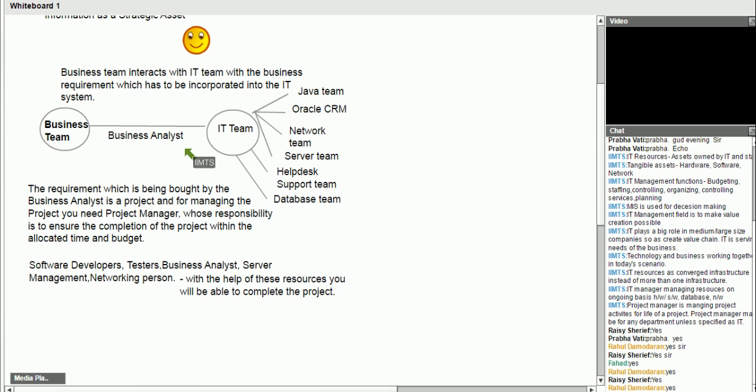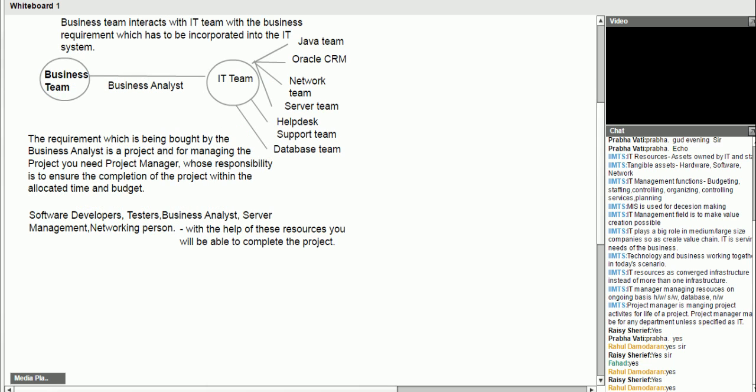Okay, so this is managing all these resources within the team. Managing IT is nothing else but managing all your resources for the fulfillment of the business needs.